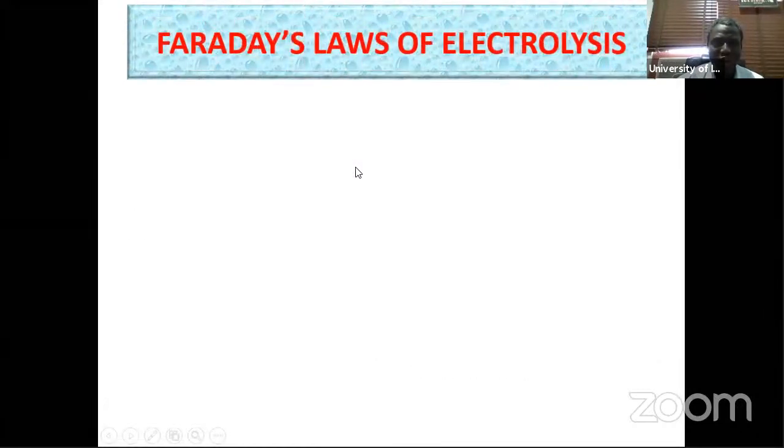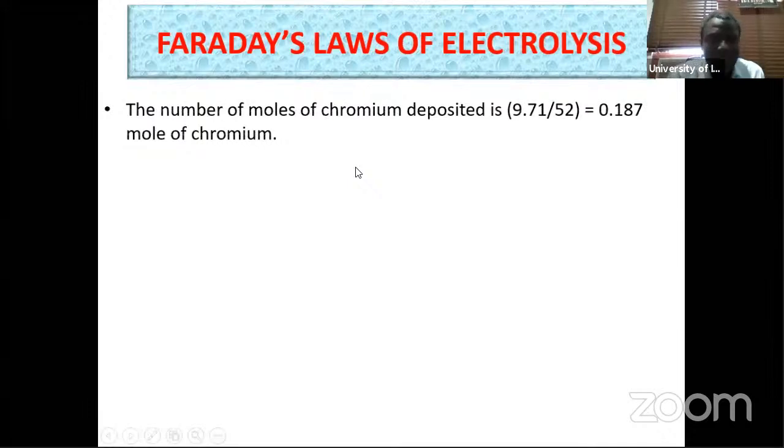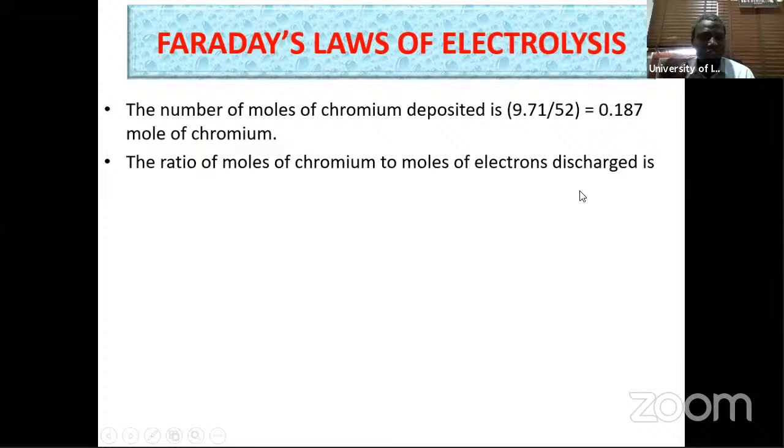Now, if you go on with this, the number of moles of chromium deposited is, you have 9.71, so you divide it by 52, and that is 0.187. So 0.187 mole of chromium was deposited. And you already determined earlier the number of moles of electrons that you have there.